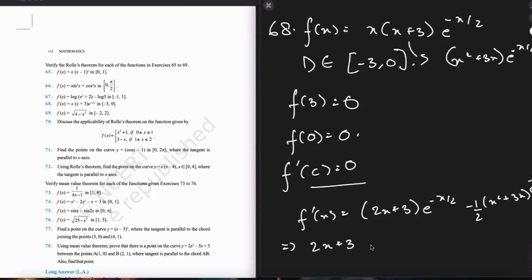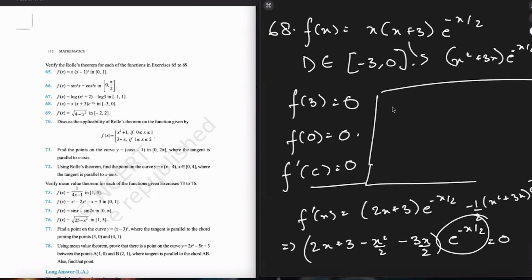Two x plus 3 minus x square upon 2 minus 3x upon 2. This should be equal to 0. This can never be equal to 0. Only this part can be equal to 0.